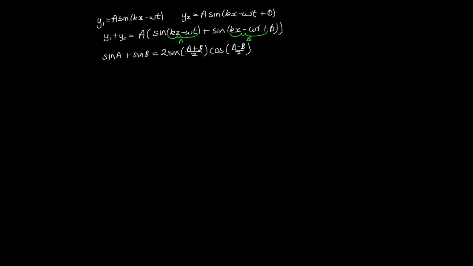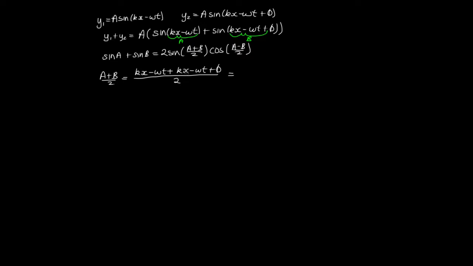So we'll need to work out what's (A + B)/2. So (A + B)/2 is equal to (kx - ωt + kx - ωt + φ)/2. And so kx + kx, that's 2kx, minus ωt, that's minus 2ωt.